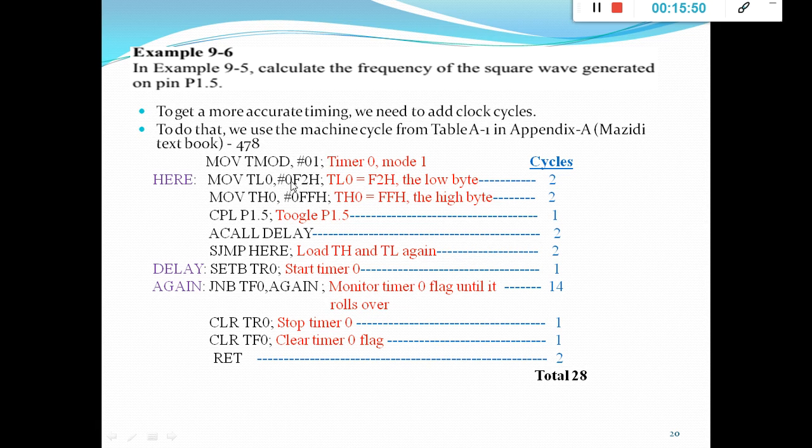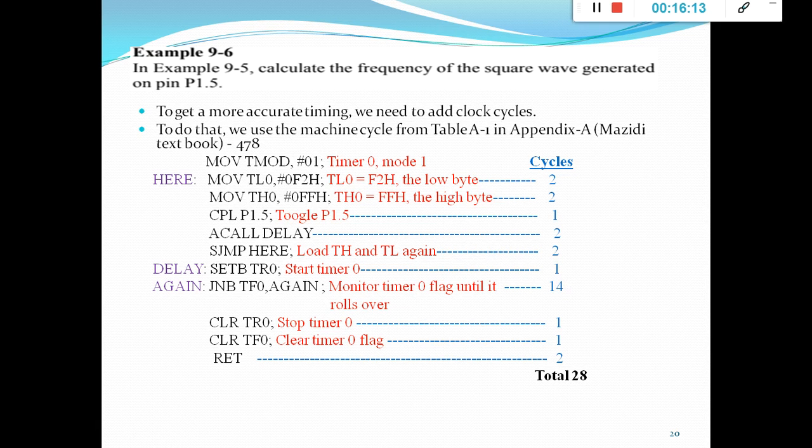MOV TL0, #0F2 consists of 2 machine cycles, MOV TH0, #0FF is 2, CPL P1.5 is 1, ACALL delay is 2, SJMP here is 2, then SETB TR0 is 1, and JNB TF0, again.